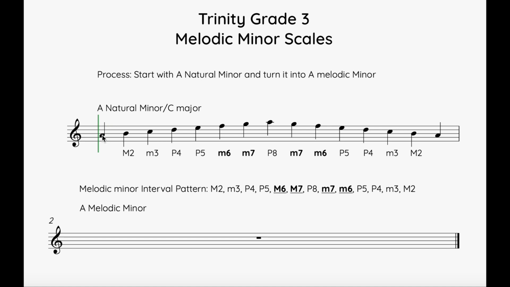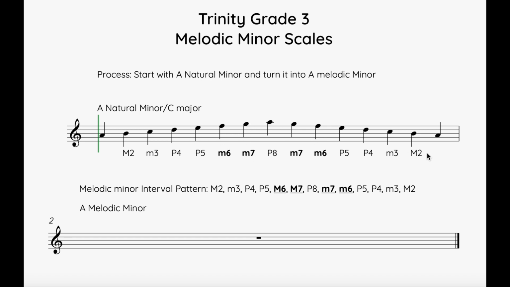So the natural minor is a minor scale that uses exactly the notes of the relative major. You can see here, A natural minor uses exactly the same notes as C major. We can actually look at the interval profile. A natural minor has a major second, minor third, perfect fourth, perfect fifth, a minor sixth and a minor seventh.